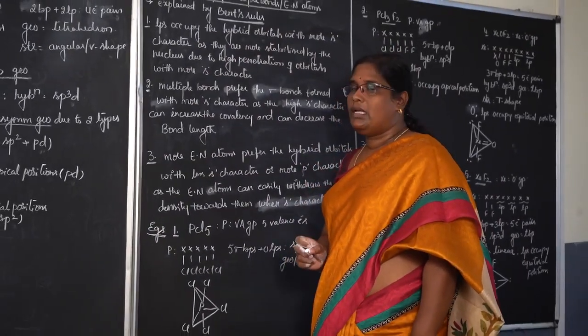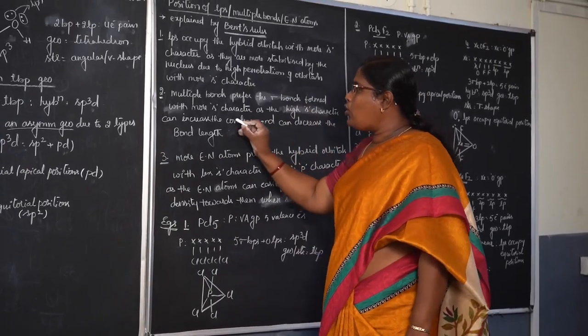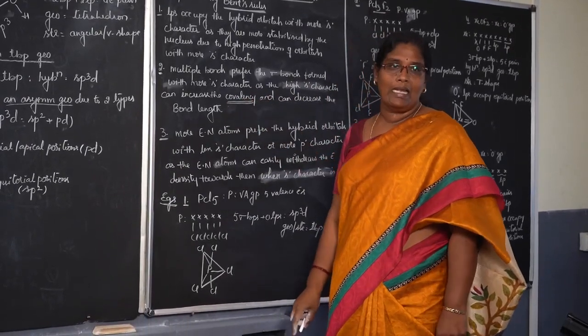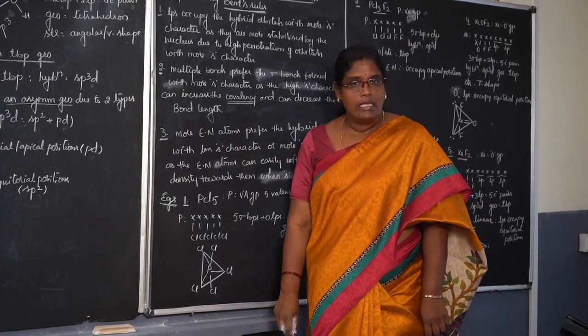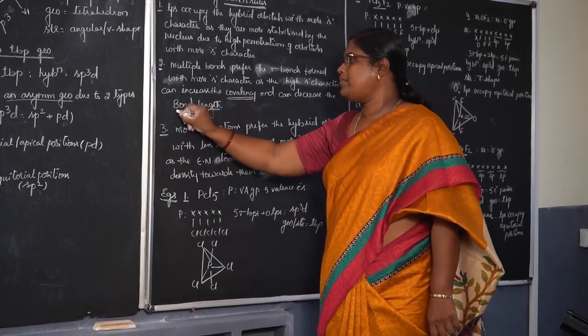What is the reason for that? When the s character is more, the covalent character of the bond will increase, and the bond length will decrease.